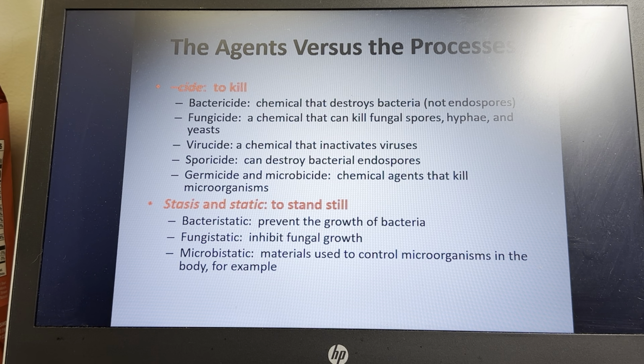And chemicals that are microbistatic or germistatic are used to not kill everything, but they will hold it at bay. And I will explain why you would use a chemical that is cidal versus static. Most drugs that are taken inside your body are given to you in static concentrations. And we'll talk about why that is in chapter 20.